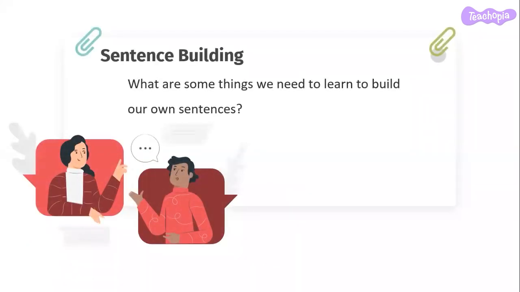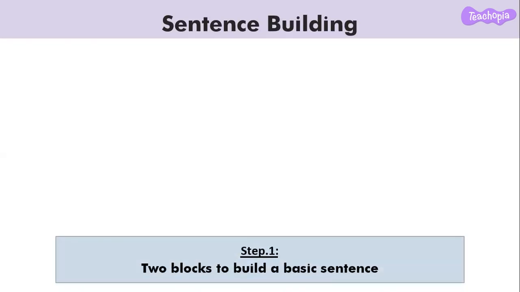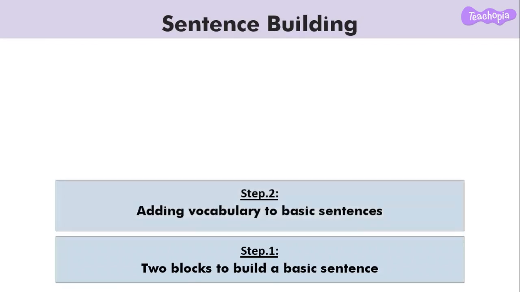So what are some things we need to learn to build our own sentences? So let's look at some steps of sentence building. We have seen some steps of question building, but now let's look at some steps of sentence building. First, we need to understand the basic blocks of building a sentence. That is the 2 blocks to build a basic sentence. Second, we need to learn how to add vocabulary to basic sentences.